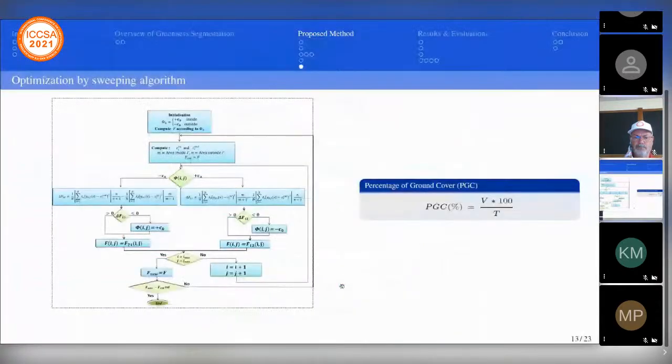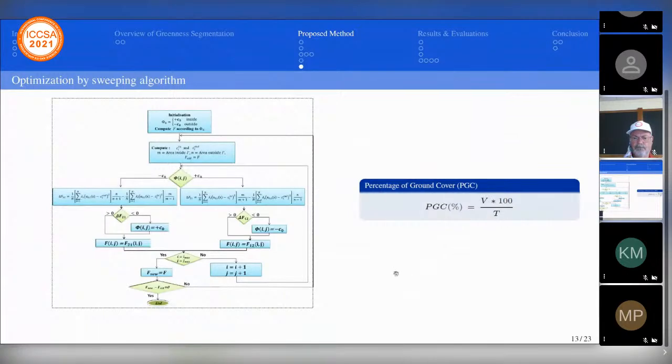Once we have convergence, we can directly obtain the percentage of ground cover. Here, V represents the vegetation pixels and C is the total image pixels, of course.